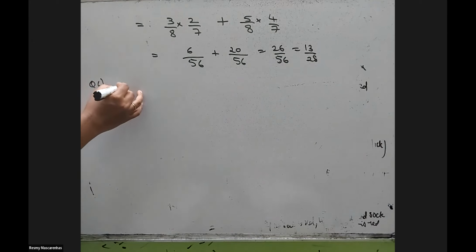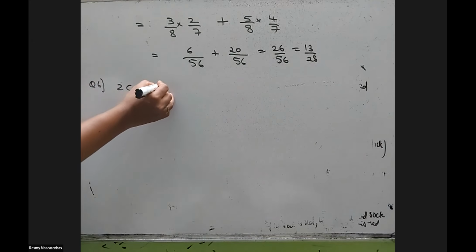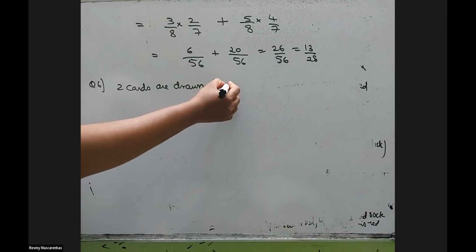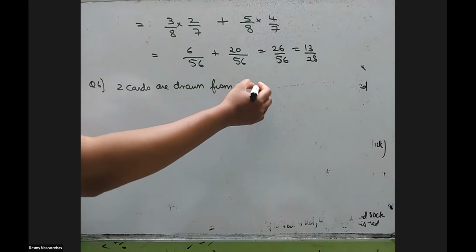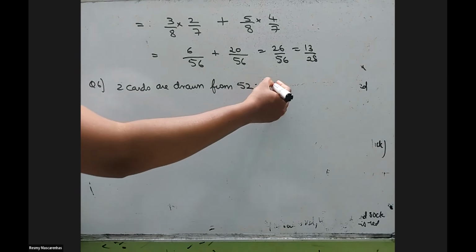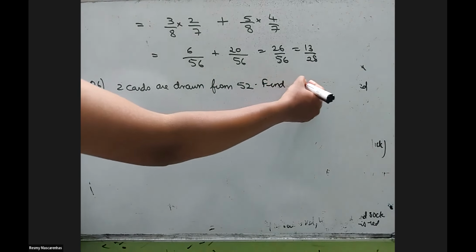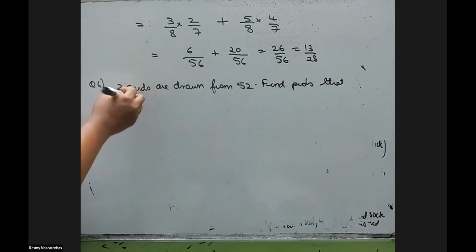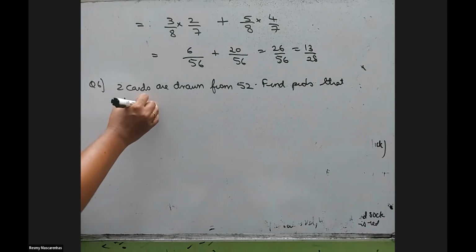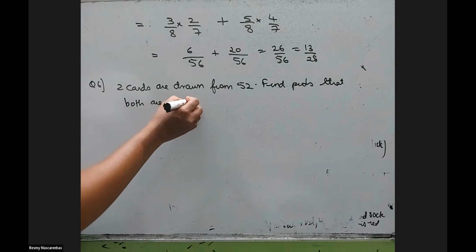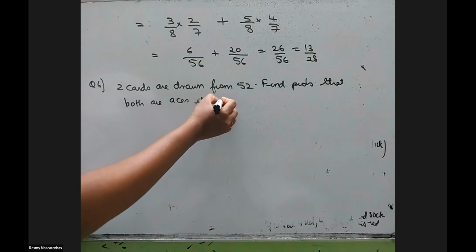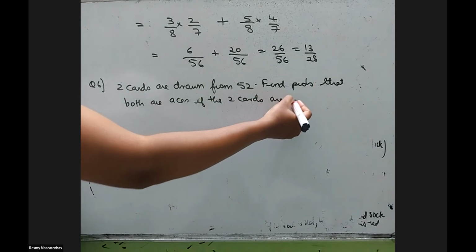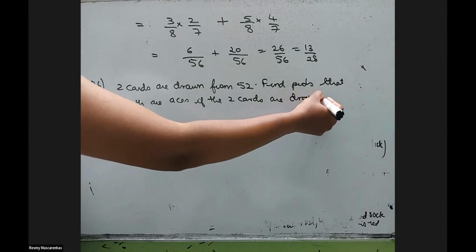2 cards are drawn from 52 cards. Find the probability that both are aces if the 2 cards drawn are drawn one after another.